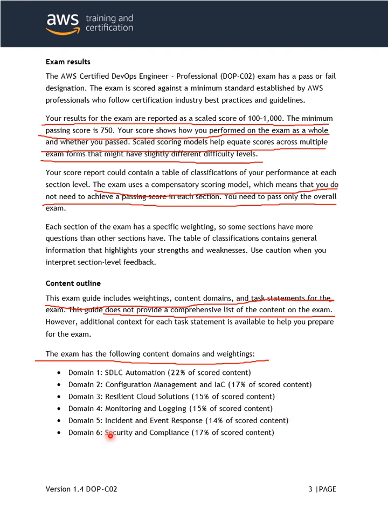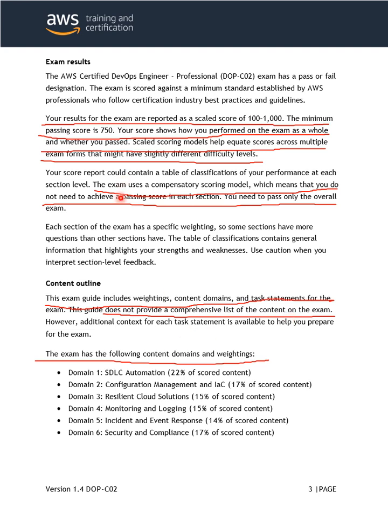Domain 5, incident and event response, 14% of the exam content. Domain 6, security and compliance, 17% of the exam content. So these are the 6 domains which AWS published, which also tell the weightage for every domain.